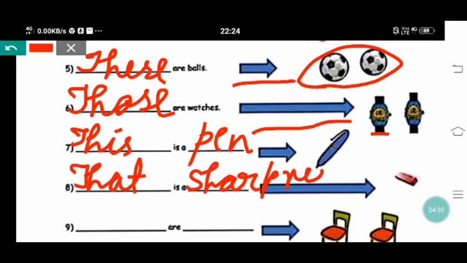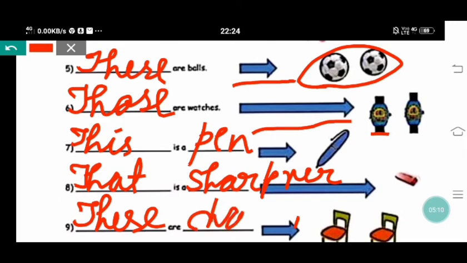Now next, last one is arrow is short and here thing is in plural form. What thing is this? These are chairs. Okay, students. So I hope you must have understood.